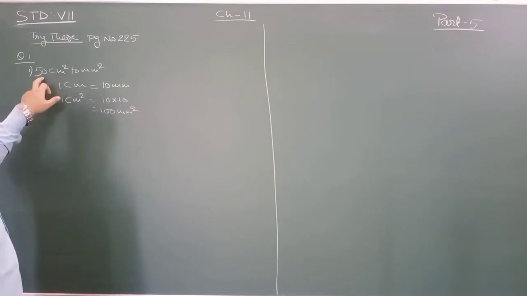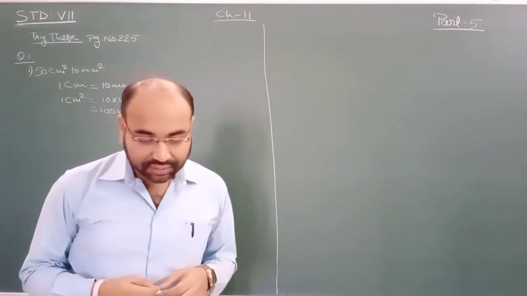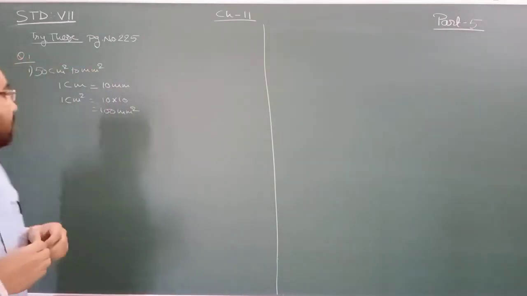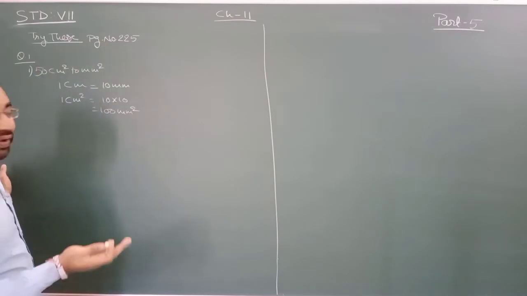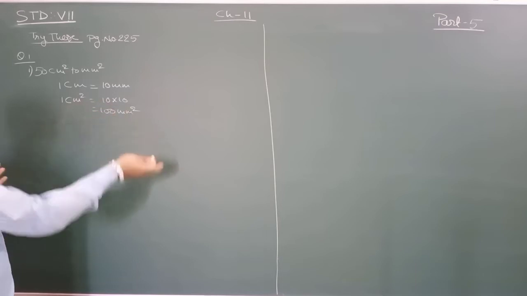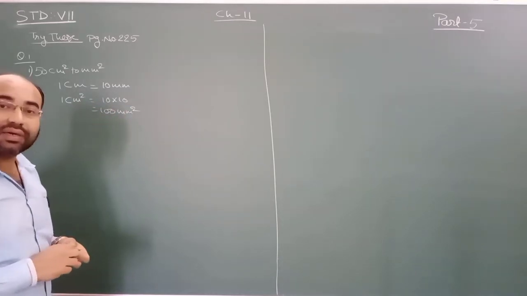So what we have to find out is 50 centimeter square means how much, that is what is given in the question also. We have to convert centimeter square to millimeter square. So first we should know that 1 centimeter square is equal to how much millimeter square. So it is coming to 100 millimeter square.